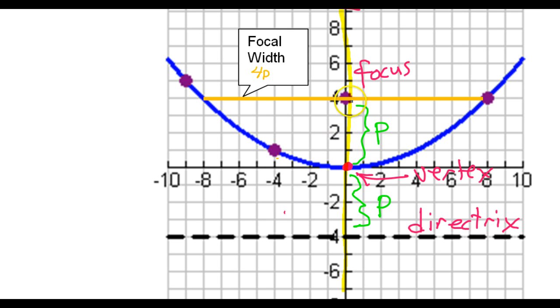For example, in this picture the distance p is 4, so the focal width should be 4 times 4, which is 16. And sure enough, this position is 8 to the left, this is 8 to the right. That is in fact a total of 16. So the focal width here is 16. Just something to keep in mind.